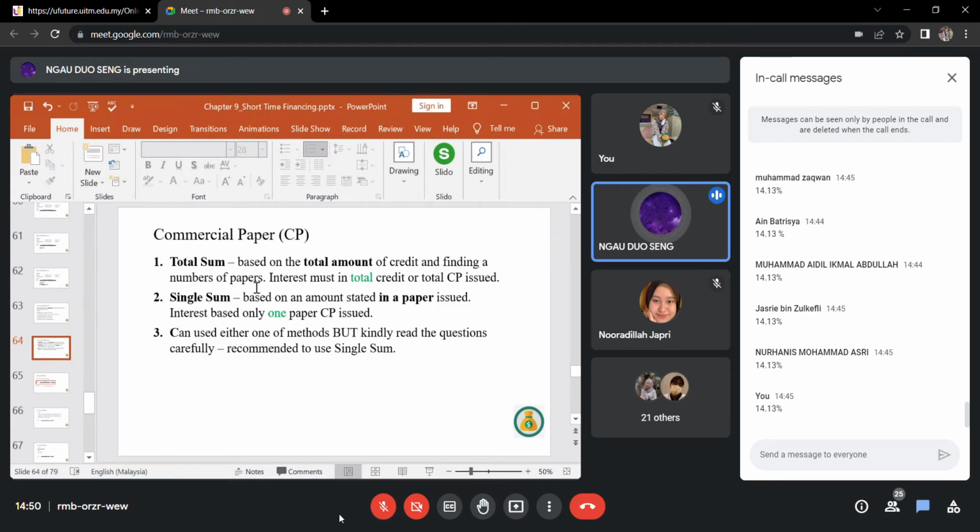Ke semua jumlah. Yang ini you hanya kira satu paper sahaja. So of course you boleh guna either total sum atau single sum. But again, read the question carefully. Apa information yang dibagi oleh soalan.